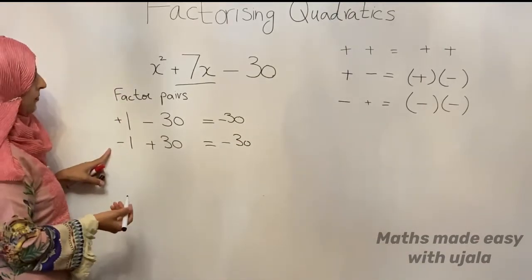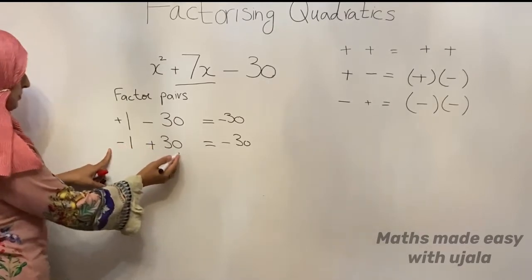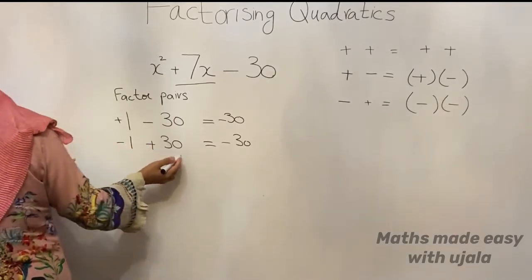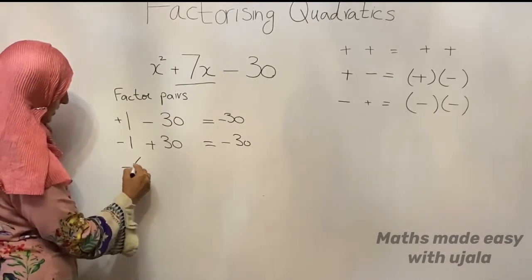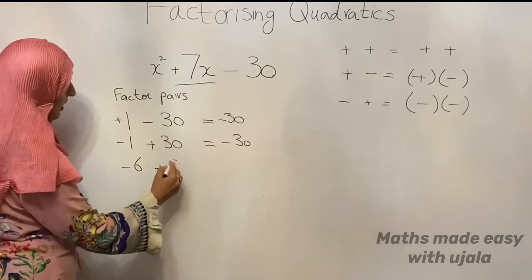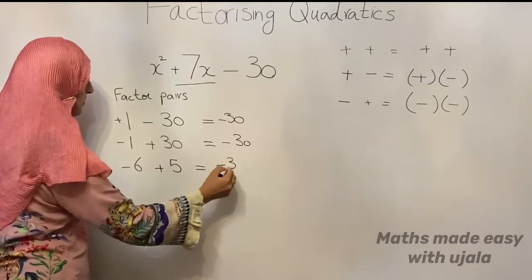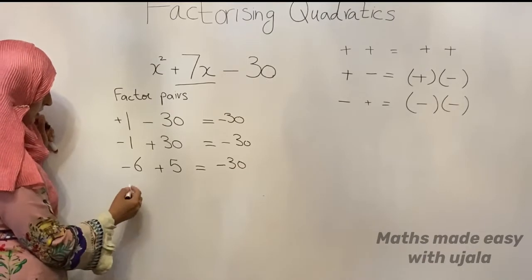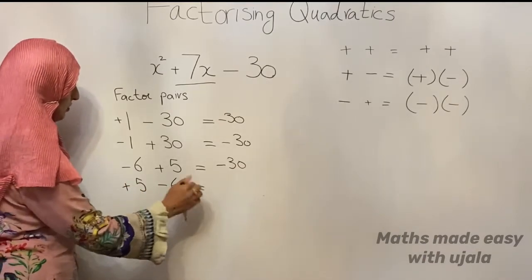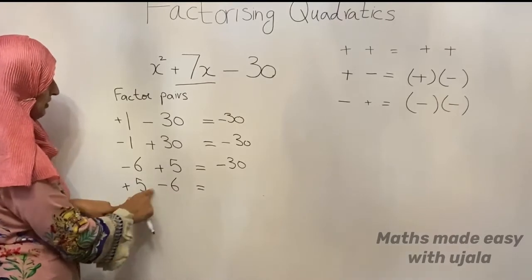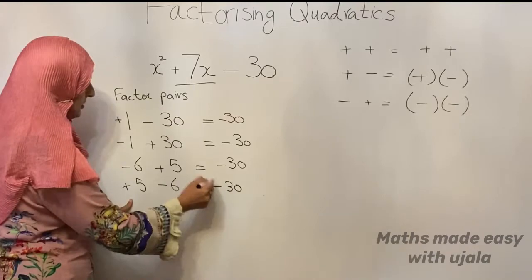Another pair: minus 6 plus 5, multiplied gives minus 30. Plus 5 minus 6, 5 times 6 is 30, plus times minus gives minus.